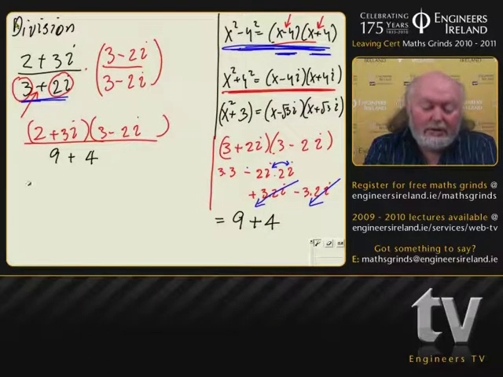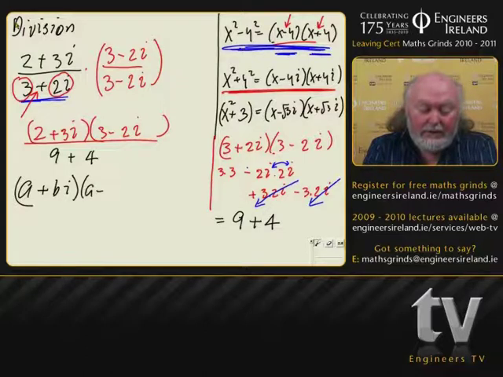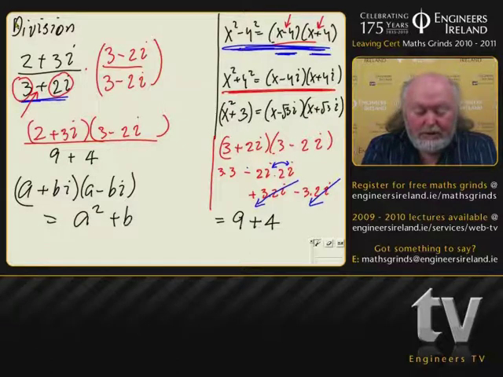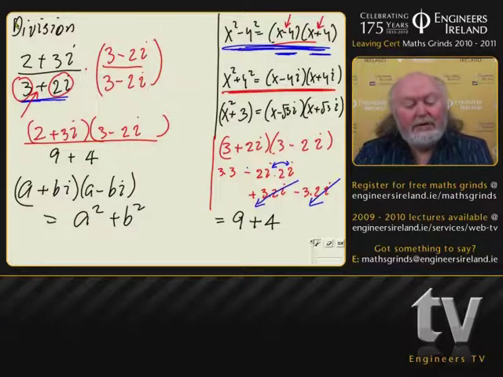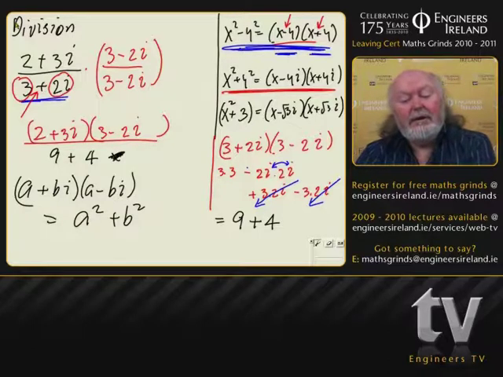So fundamentally what we're saying is a plus bi by a minus bi equals a squared plus b squared. So you don't have to bother with a multiplication down here once you know this by heart.